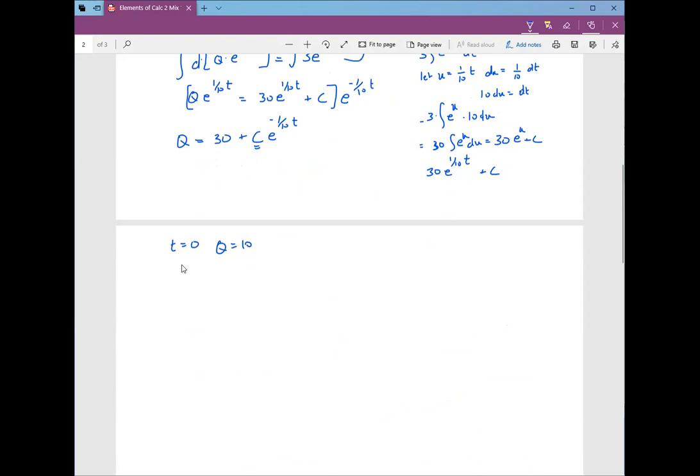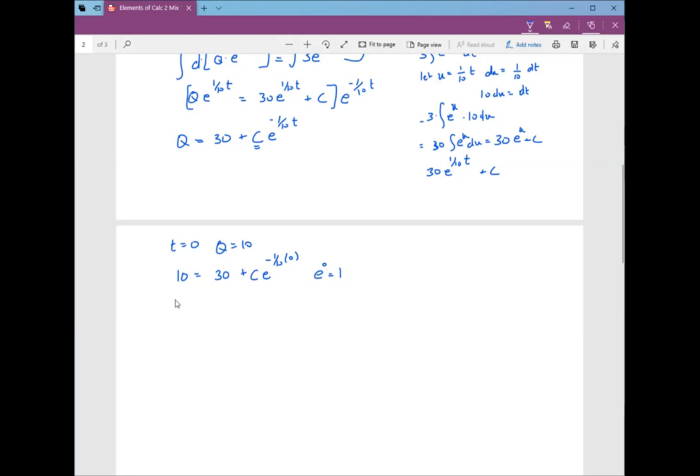So we're just going to plug that in. We're going to say 10 equals, that's my q, so q equals 30 plus c e to the negative 1 over 10 times 0. 1 over 10 times 0 is 0, and e to the 0 is equal to 1. Hopefully you don't need a calculator for that.